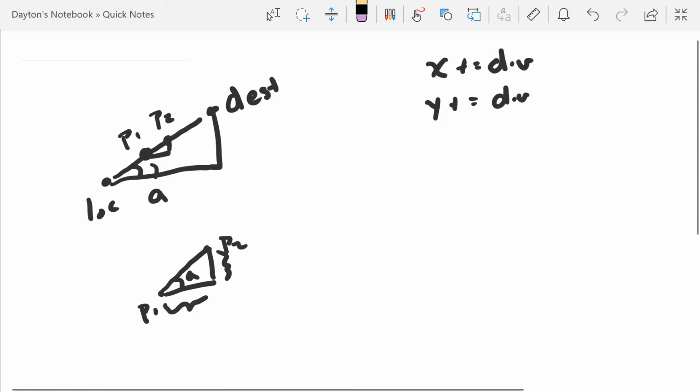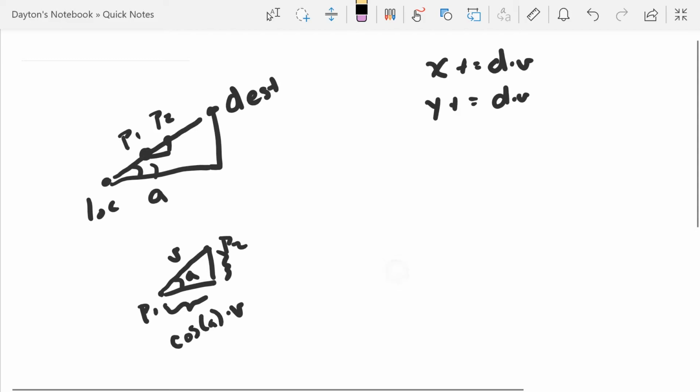So if you remember a bit of basic trigonometry, this amount here is equal to cosine A times V, where V is the hypotenuse there, how much we want to advance with each iteration of the loop.